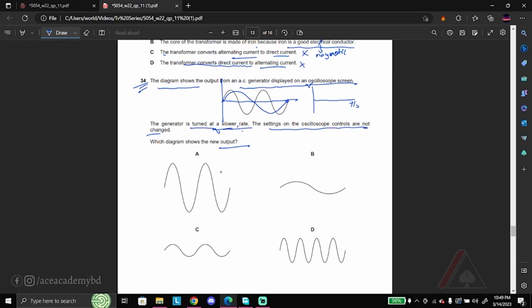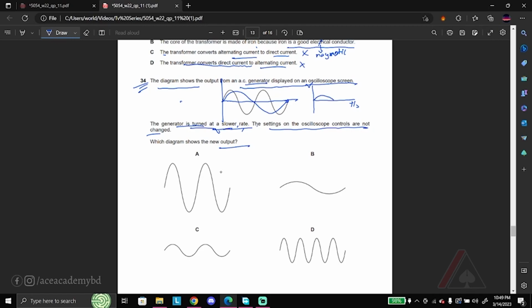That's one change, but there will also be another change, which is due to the slower movement of the generator. The EMF that is induced in the coil of the generator will be less, because the change in magnetic flux linkage will be slower. So the induced EMF also decreases, for which the amplitude will also decrease.